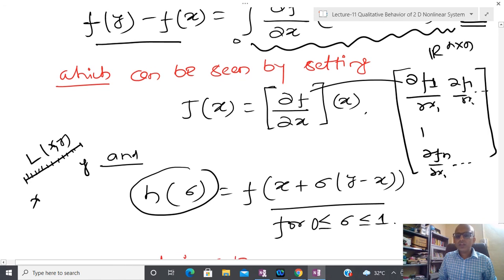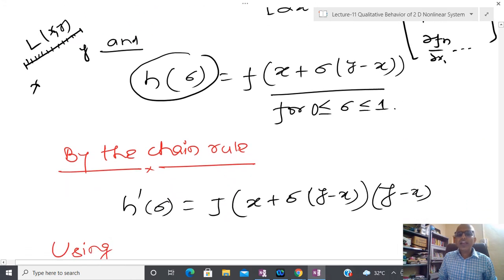Now I am going to apply the chain rule. I am going to take the derivative of this h with respect to σ, so ∂h/∂σ.